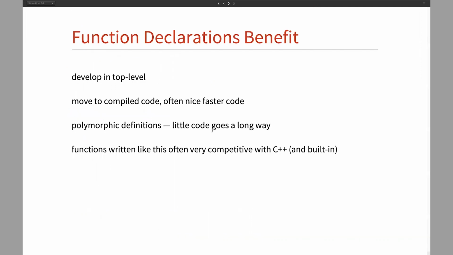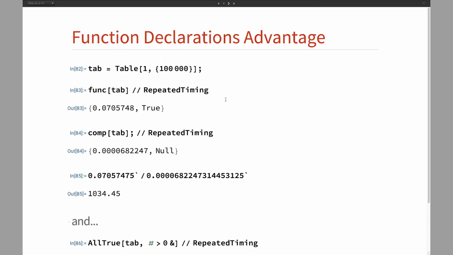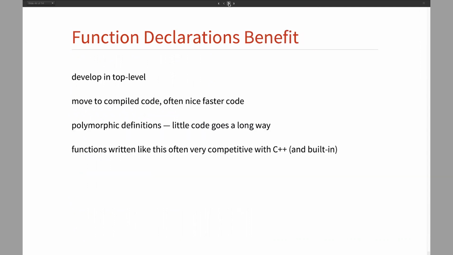Right, that's all pretty nice. So making these function declarations, especially working with down values, it is possible to develop things in top level and then try to migrate bits or parts of your code into compiled code. And often it can run nice and fast, and also making polymorphic definitions, so a little bit of code can be used in multiple ways.